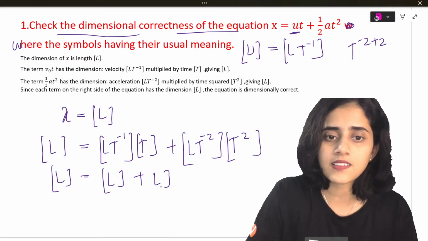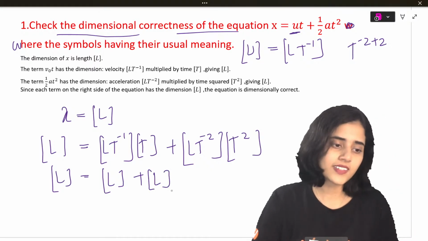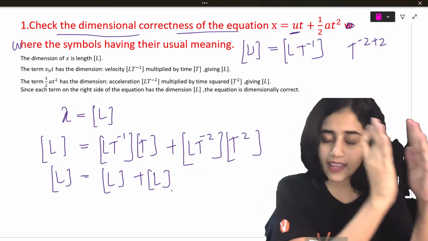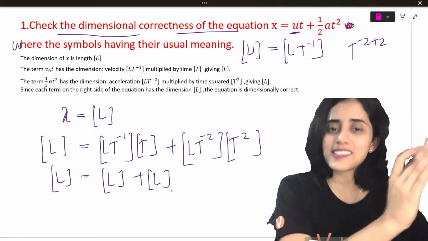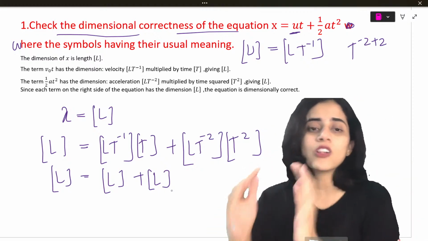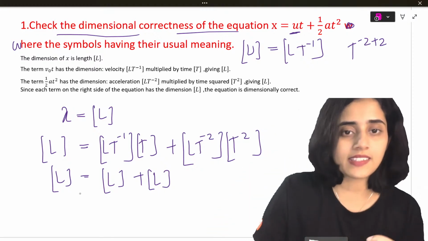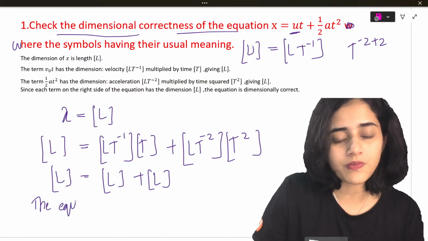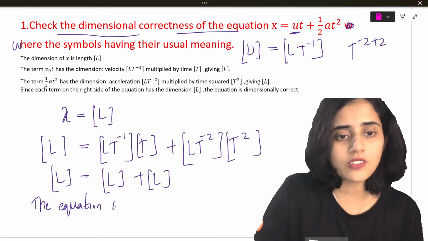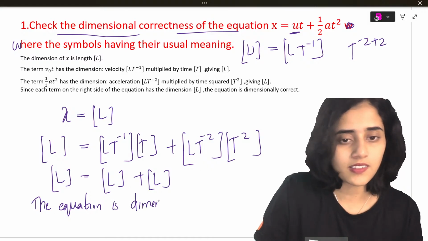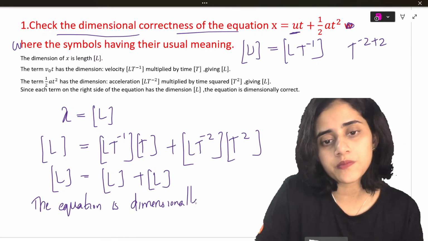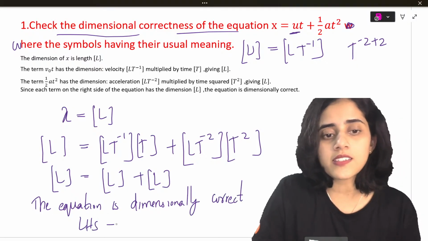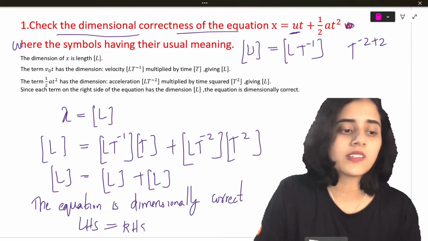So plus L. So you can see that here the left side has dimension L, the right side also has dimension L. So you can say that the equation is dimensionally correct because LHS is equal to RHS.